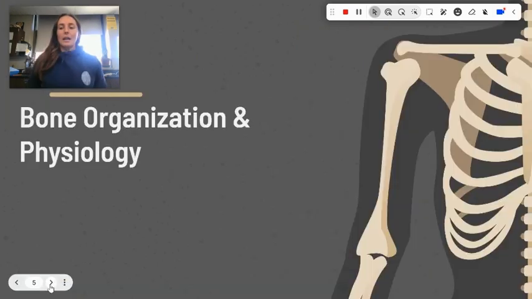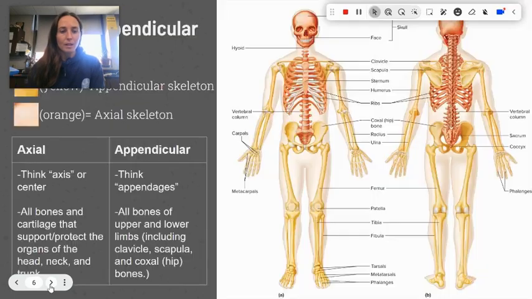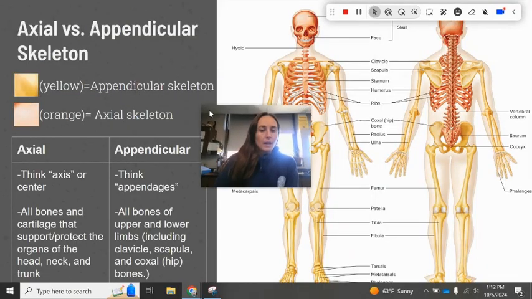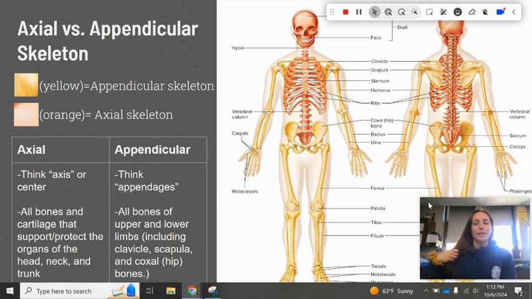All right, let's get into it. In our textbook, we're going to see a lot of this in activities. We're going to maybe be asked to organize bones a certain way. So let's see how the scientists do it. When we are looking at a skeleton or talking about a skeleton in this class, scientists, doctors, medical professionals, anybody who works with the human body can sometimes refer to the skeletal system in two parts, the axial skeleton and the appendicular skeleton.